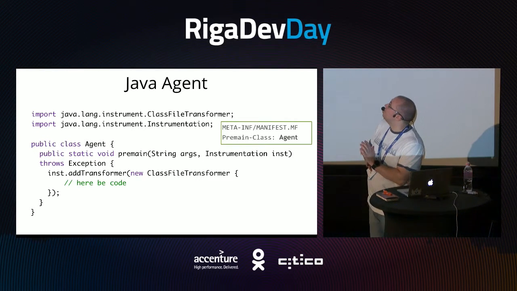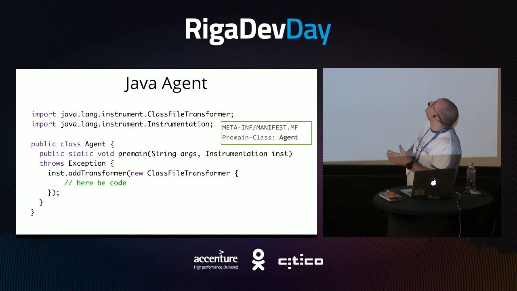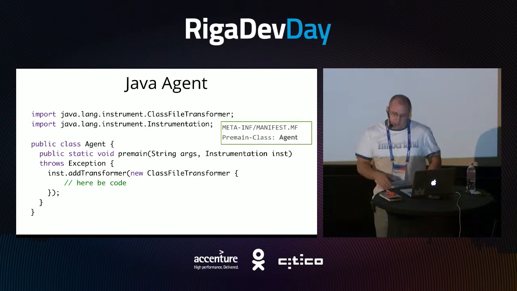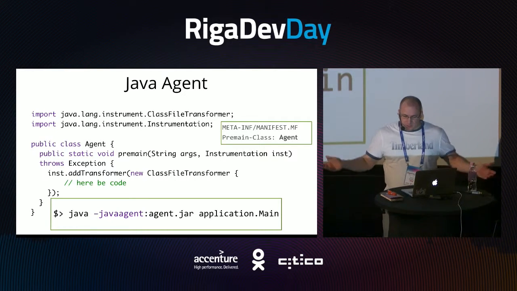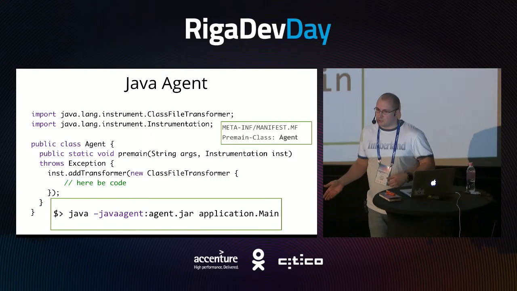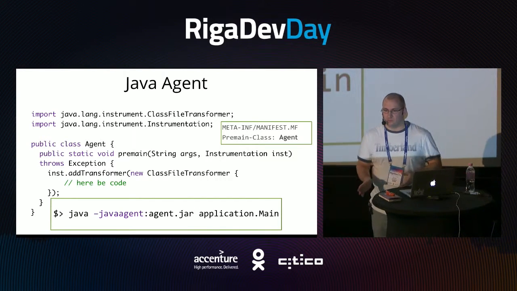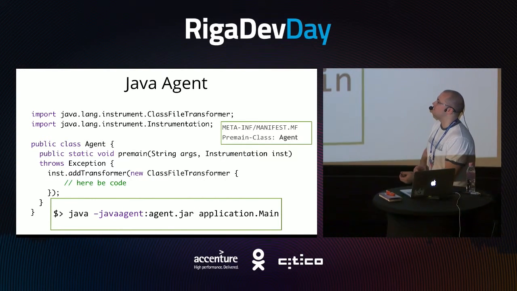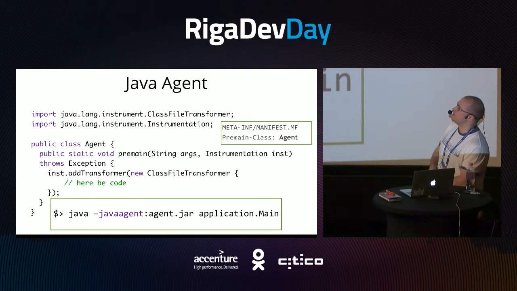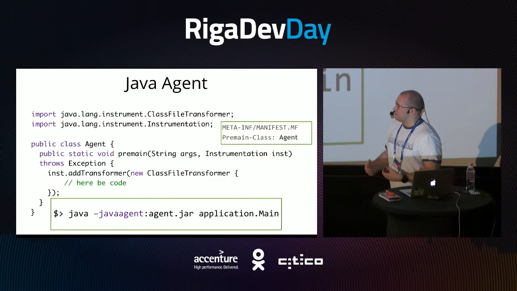When you have this implemented, you just have to have a correct manifest that specifies that this is the agent. And then you start the application with -javaagent and point to that jar. If the jar path is incorrect, it crashes. Boom. That's it. The most inconvenient part is that when you are developing this agent yourself, you have to reassemble the jar all the time.